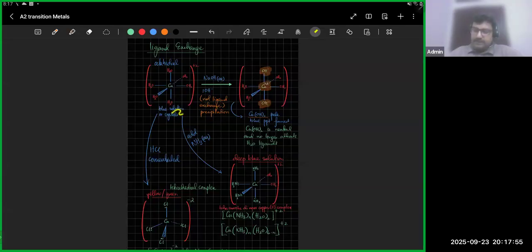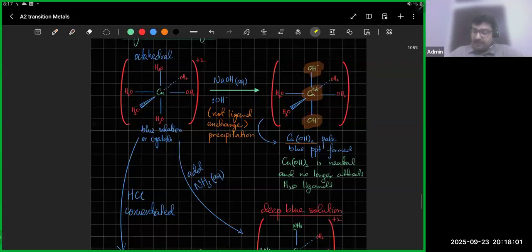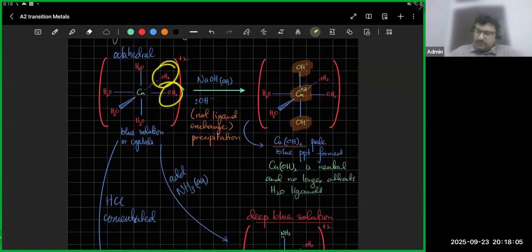There's one left, which is this one, so I'm going to write the equation for this. When I add Cl- ions, the water molecules get knocked out, and Cl- ions are going to replace them. So this is the last equation we're going to do.